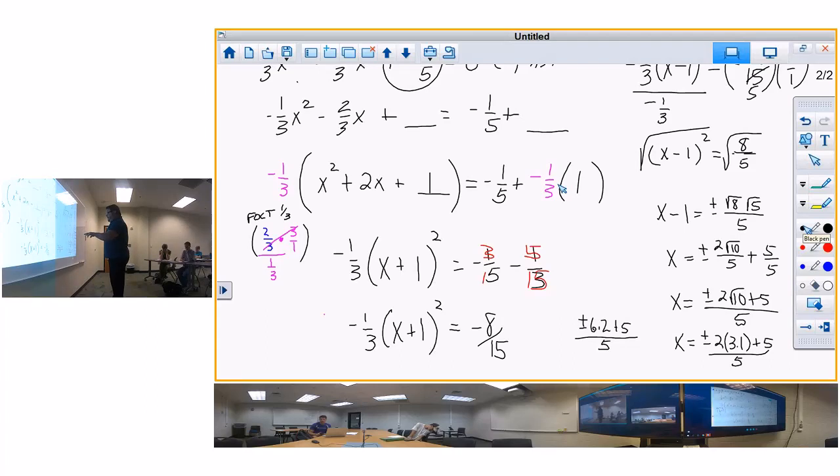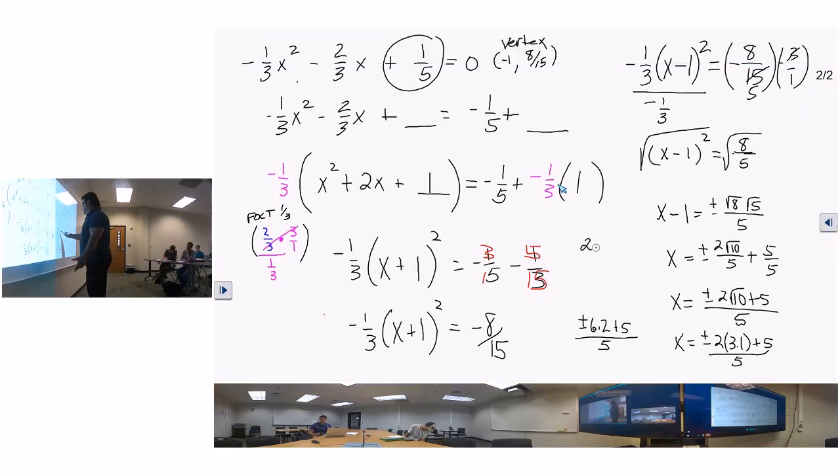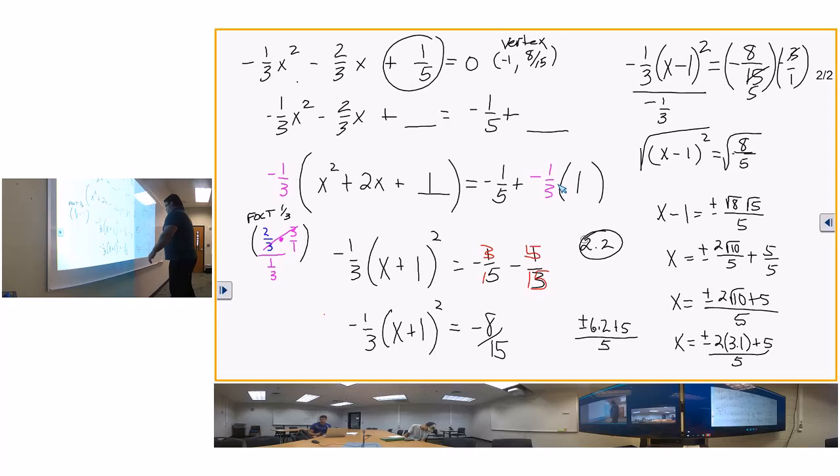6 plus 5, that's 11. 11 divided by 5 is 2.10 or something like that. It's like 2.2. That's good enough. And then negative 6, that's negative 1.20. So your answer is going to be negative 1.20 divided by 5 would be what?